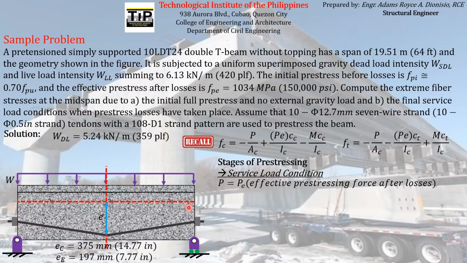So when the initial pre-stress force experiences losses, it reduces its magnitude down to a magnitude of PE, which is again the effective pre-stress force.